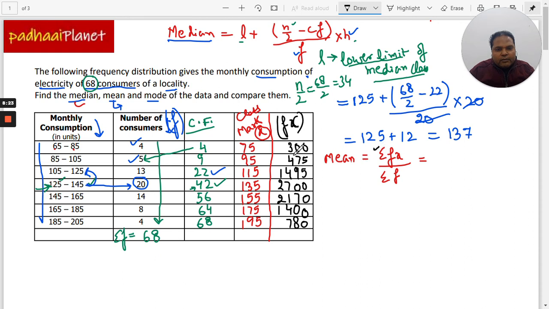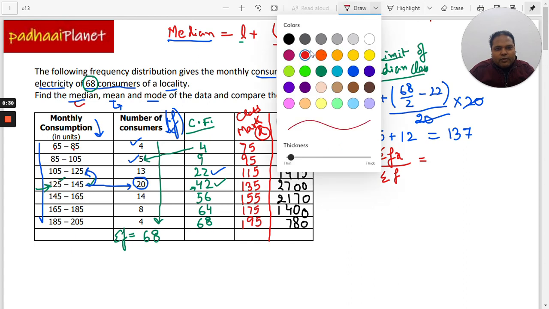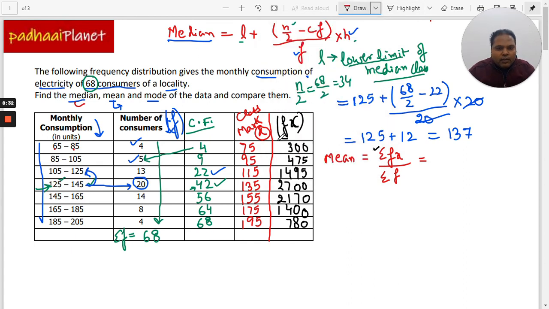Now we will get the value of sigma fx by adding all of them up. I'll take another color so that it's readable and clear to you. So 5 plus 5, that's 0, 1 carry, 8, 9 and 8, 17, 17 and 7, so that's 24, 24 and 8, so that is 32.